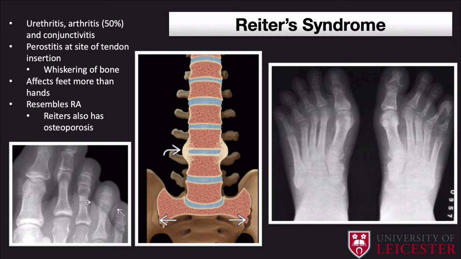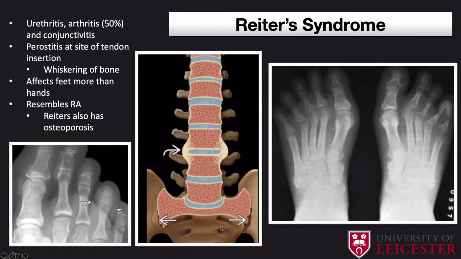So here we've got an AP radiograph showing the classical sausage digit. So that's your dactylitis within this entire toe. There's not much periostitis here, probably because the toe is flexed, but this sausage digit is quite pathognomonic in calling this a chronic reactive arthritis.